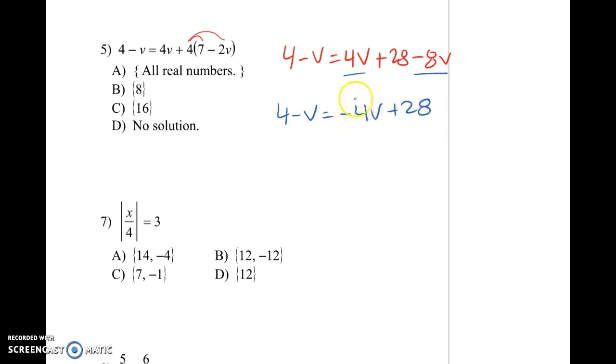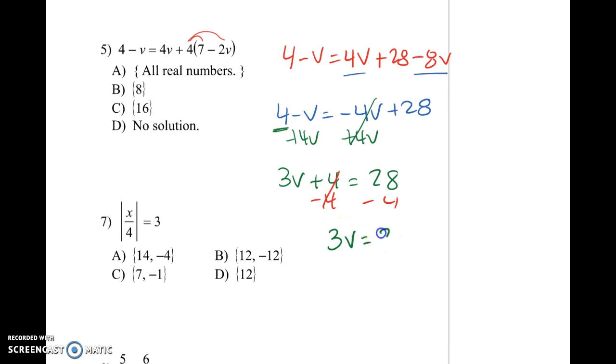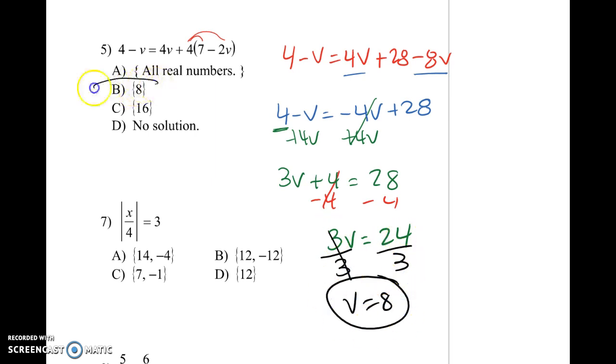Now I'm going to move my v's to the left and my constants to the right. So I'm going to add 4v, and I get 3v plus 4 equals 28. And now to move that 4, I subtract 4. So 3v equals 24. So when I divide by 3, I get 24 divided by 3, v equals 8.